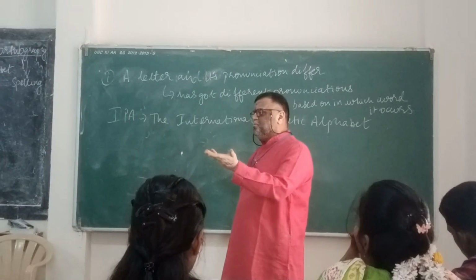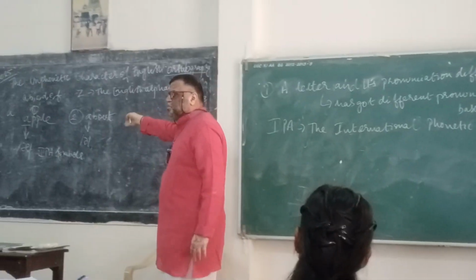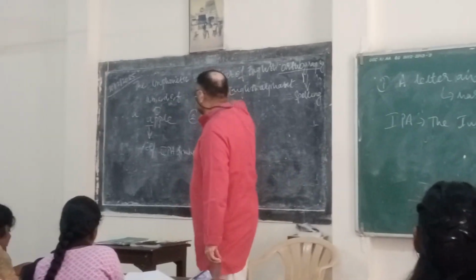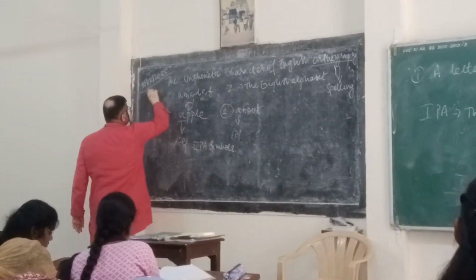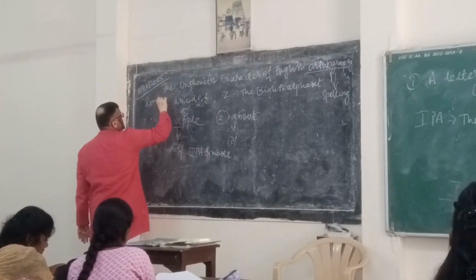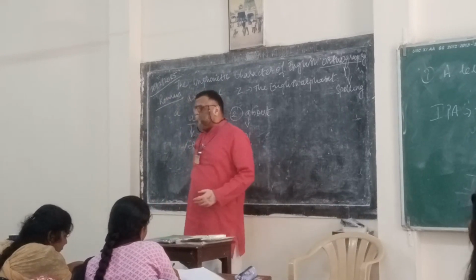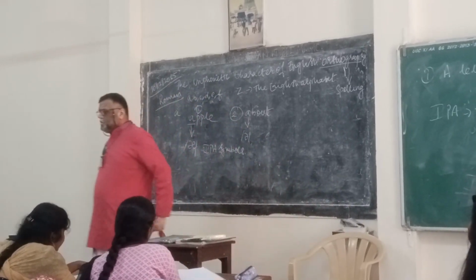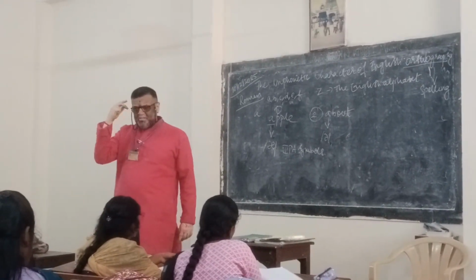Why do we need it? For example, any languages which follow the Roman script. This is the Roman script, correct? Roman script is ABC. Let us assume I am writing a Russian word, or an Arabic word, or yesterday we tried out a Tamil word.